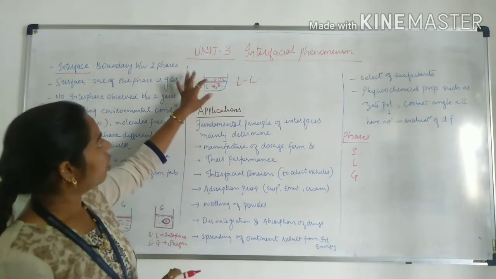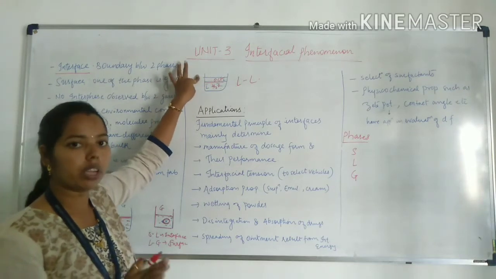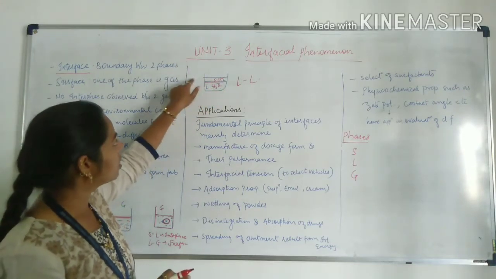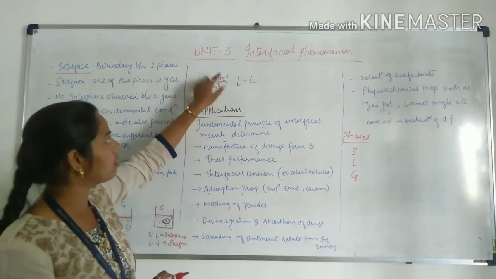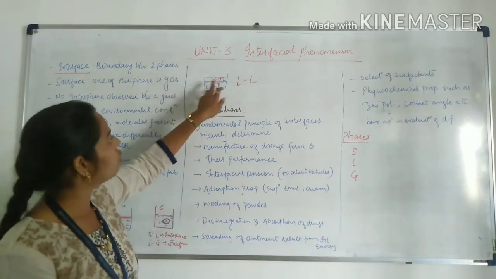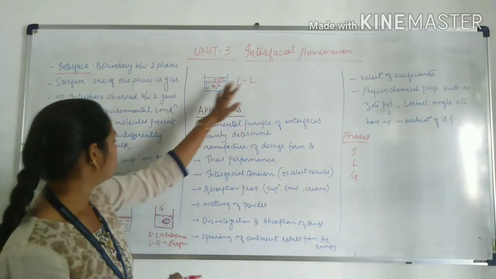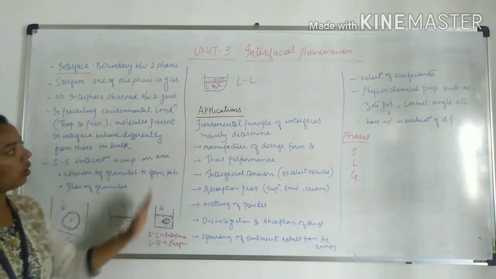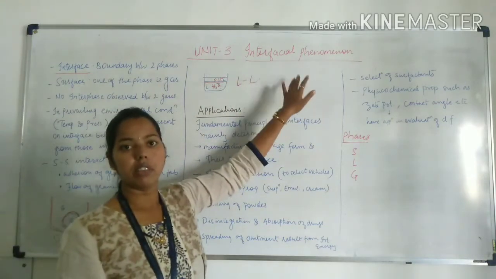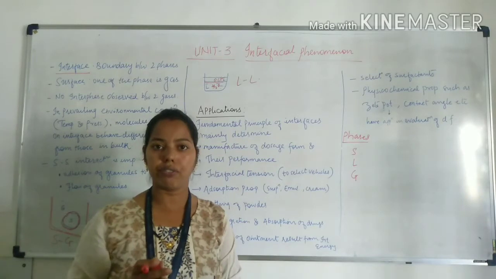In octanol and water, one interface or boundary would exist where the two phases separate. So this would be the liquid liquid interface. So this was all about what is the meaning of interface and surface.